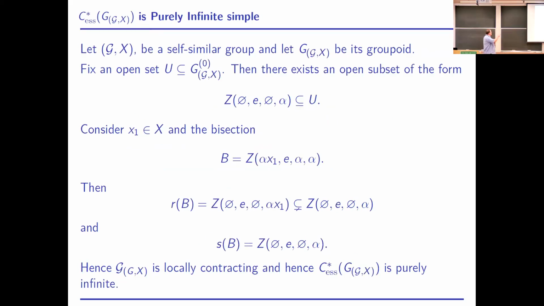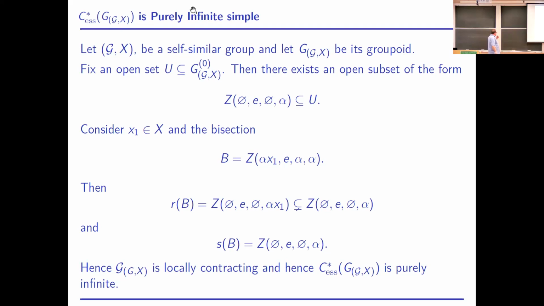And then finally, the essential C-star algebra is purely infinite simple. So how do we show that? We've got our self-similar group GX. We're going to fix an open set and show it's locally contracting.